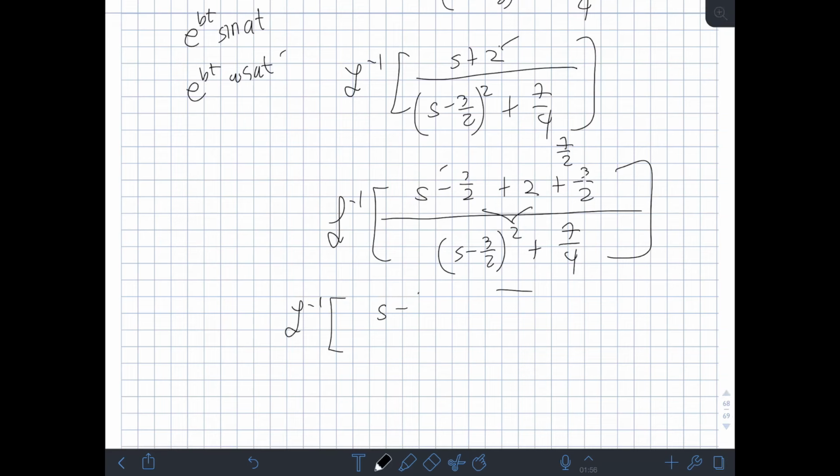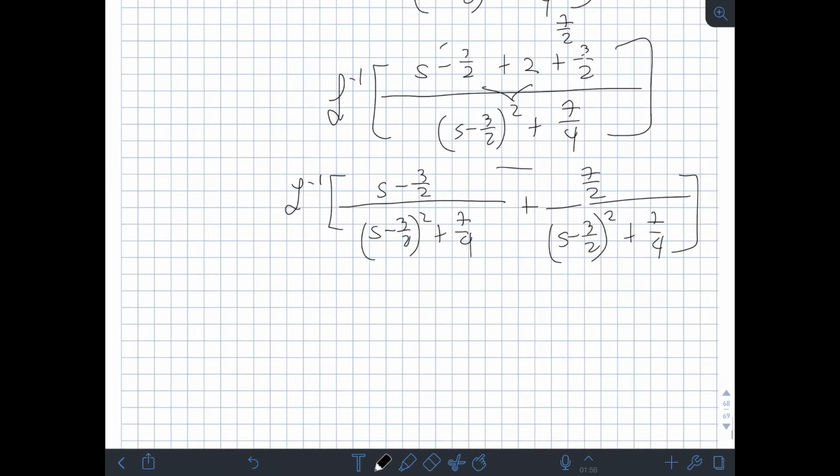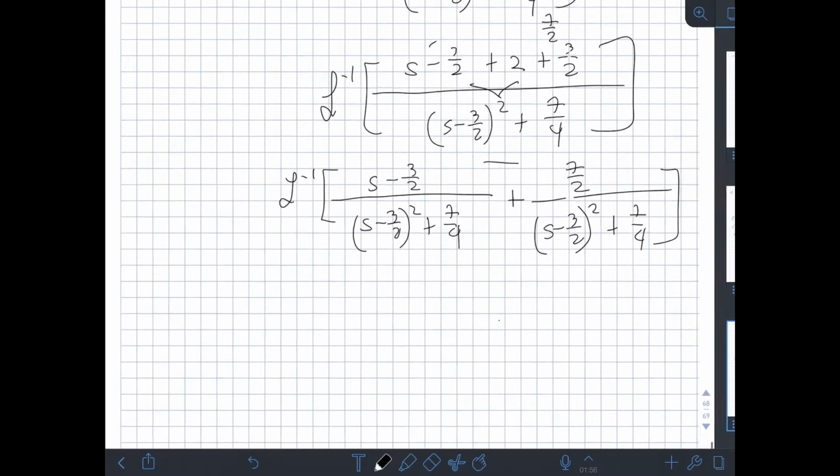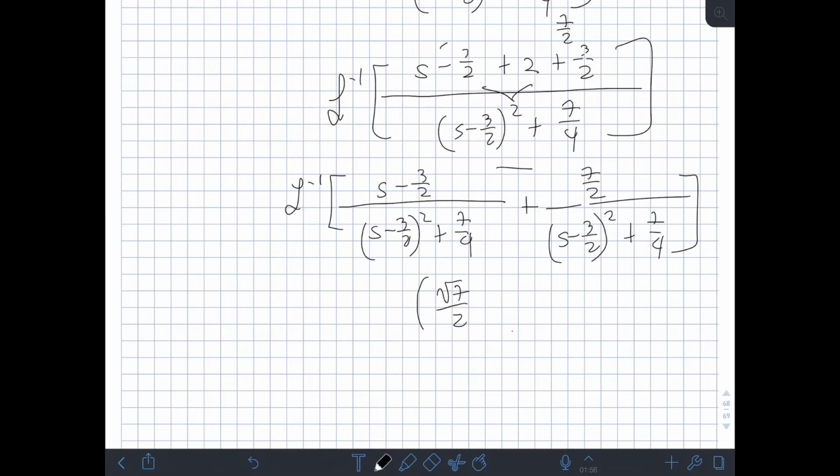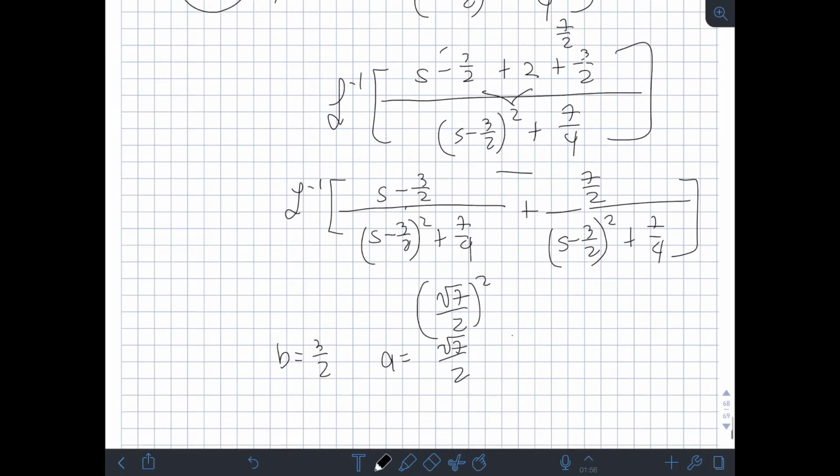Inverse Laplace transform of (s − 3/2) over (s − 3/2) quantity squared plus 7/4, plus (7/2) over (s − 3/2) quantity squared plus 7/4. So, this 7 over 4, we can rewrite as (square root of 7 over 2) quantity squared. So that our a is square root of 7 over 2, and our b here is 3 halves, so we can apply this formula.